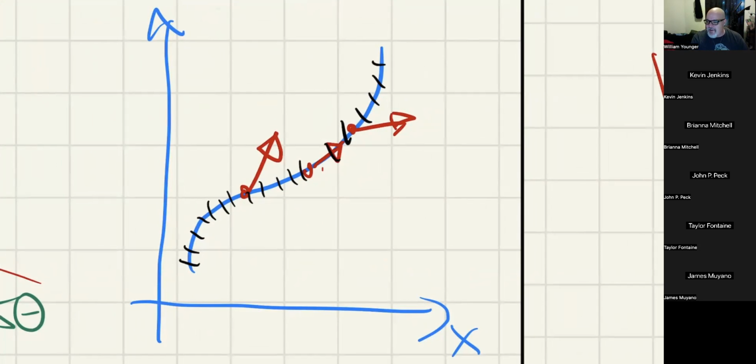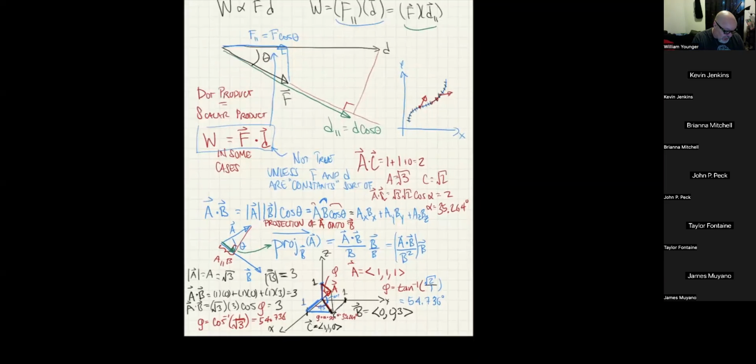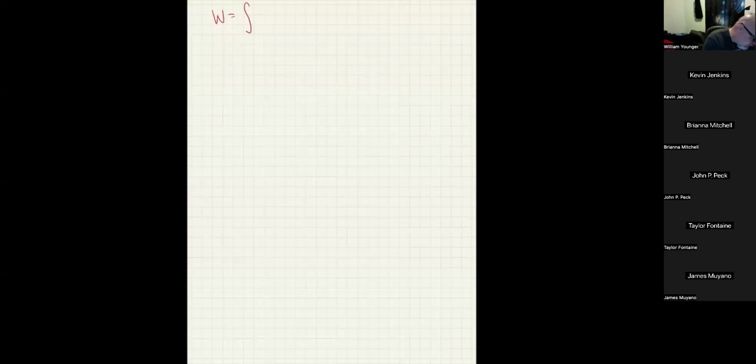By dividing it up that way and adding up the individual parts, you can get the whole process. That's done by integrating. So now I'm going to tell you that that integral is in fact the integral of F dot dl, where dl is a differential segment of the line. It's not going to matter too much this semester, but next semester you'll fall into a pit if you don't realize this.